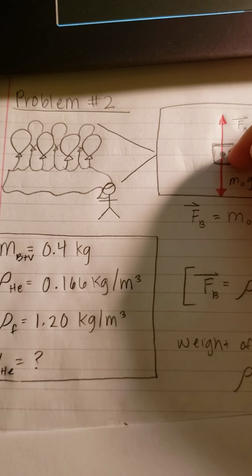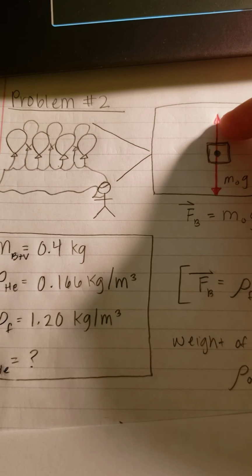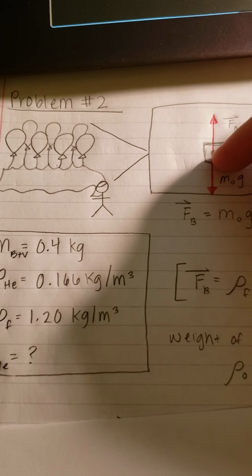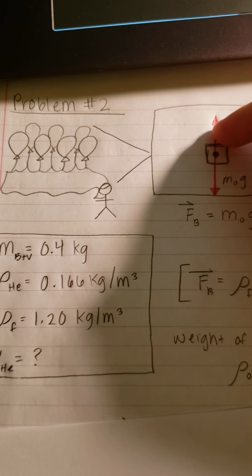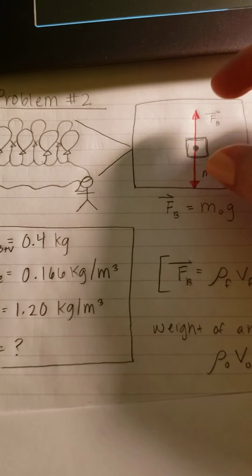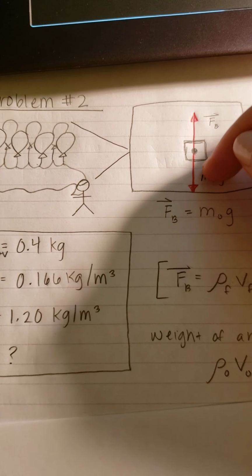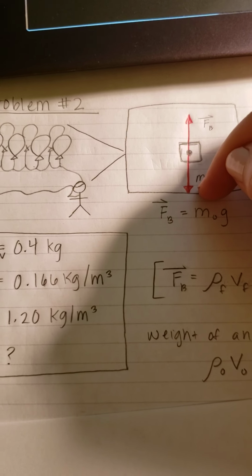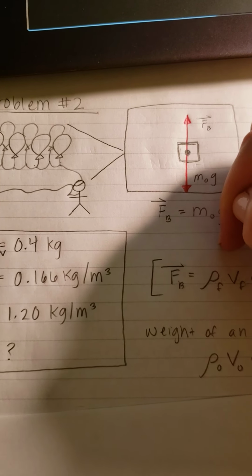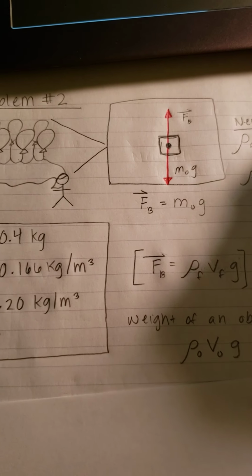So we have the buoyant force, the force of the fluid acting on the object, which is the force of the air pushing up on it, equal to, because we're floating here, we're just staying still, the weight of the object. So the mass of the object times gravity.